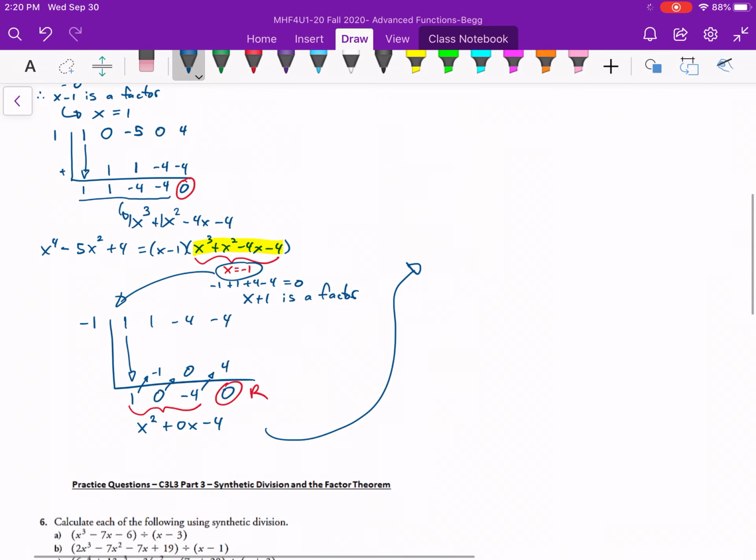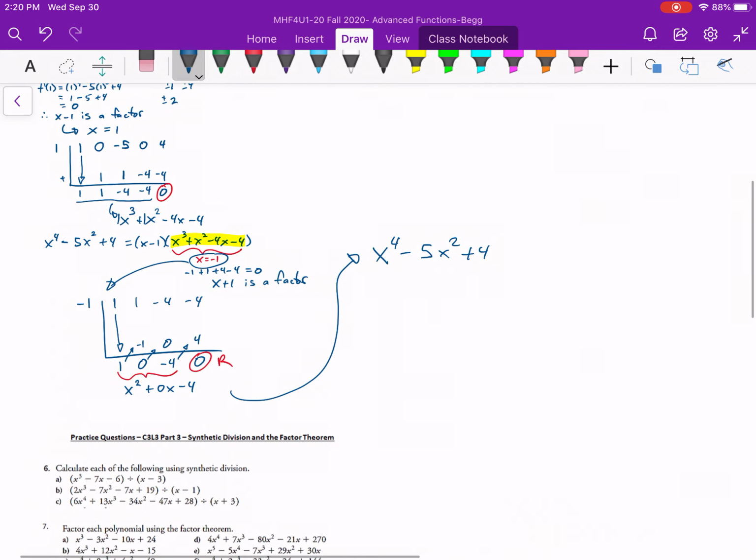So let's take it again. My original was x to the 4 minus 5x squared plus 4. We already saw that we could do that as x minus 1 as one factor. We found another factor of x plus 1.